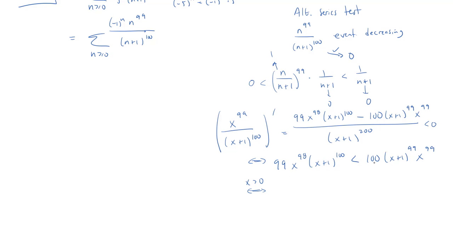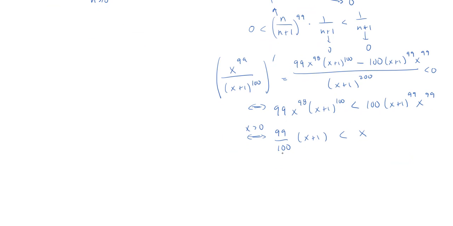So let's see here. I could divide by 100. I get 99 over 100. I could divide by x plus 1 to the 99th, and that's going to get rid of all of these except for 1. So I'll have an x plus 1. I could divide by x to the 98th, and that'll just give me 1x on the right. Now I can distribute this.